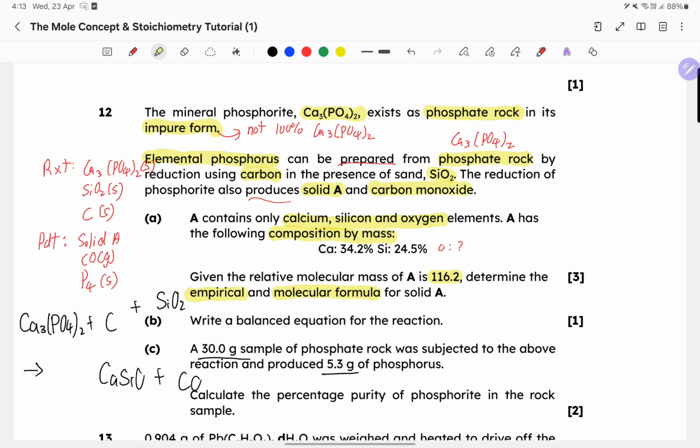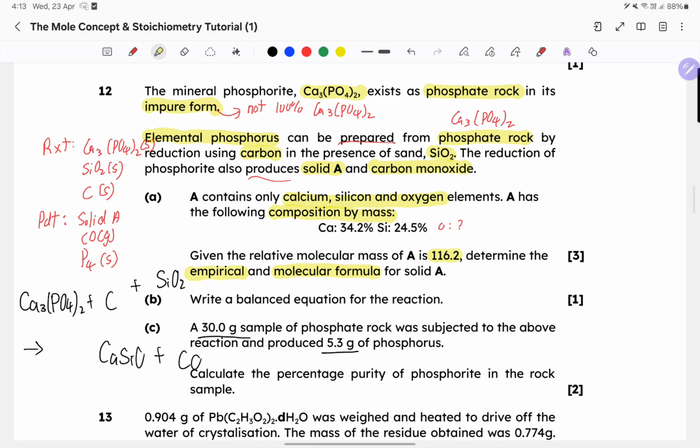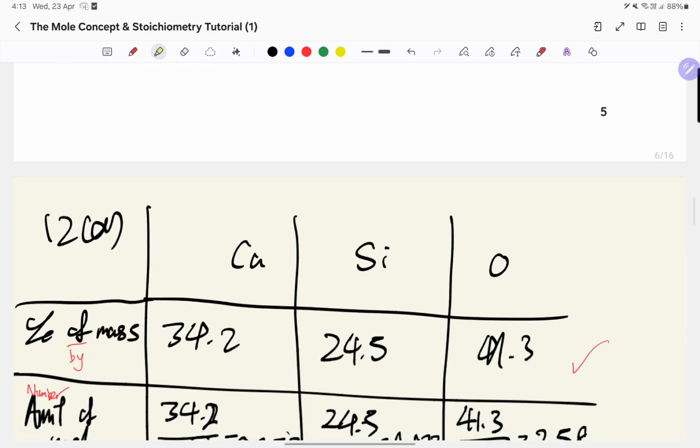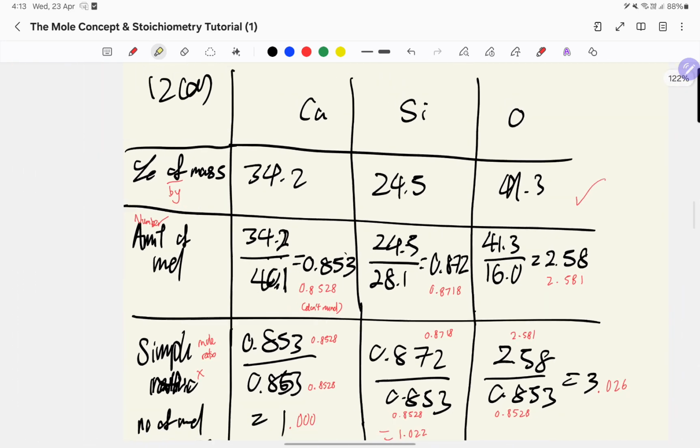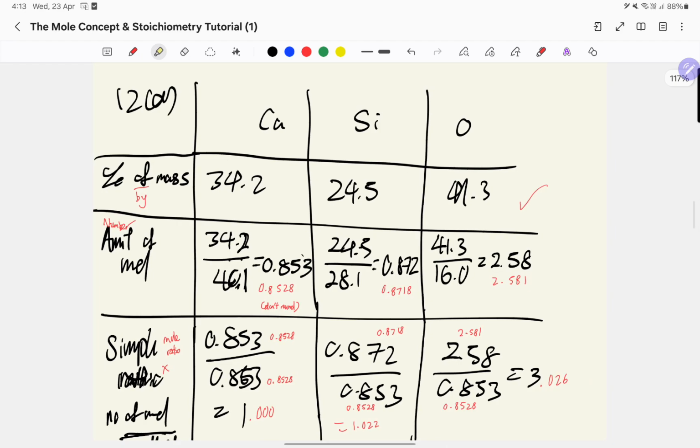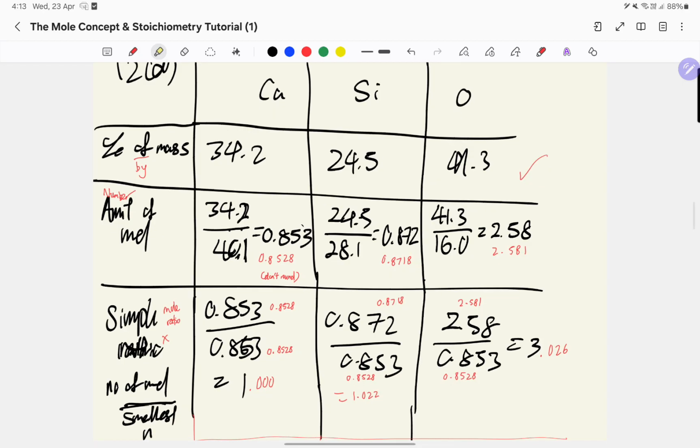Whenever you are to determine the empirical formula, you are told to do this table up. Something to take note of is that for the headers of each row, you need to be accurate in terms of what you write. So percentage by mass, not percentage of mass.